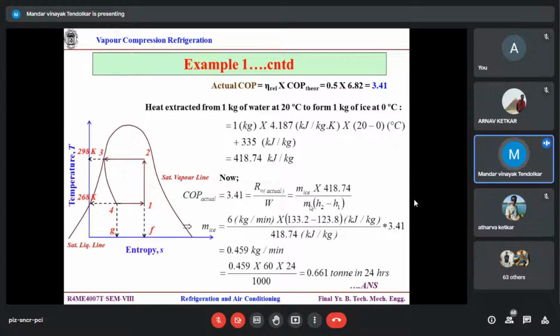That is M of the refrigerant, which is known to me, 6 kg per minute, into H2 minus H1, the compressor work, which you have just calculated. So the only unknown part is this M dot ice. Do you agree? So calculate this. Is this part correct? Answer.